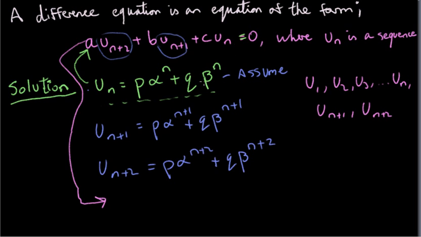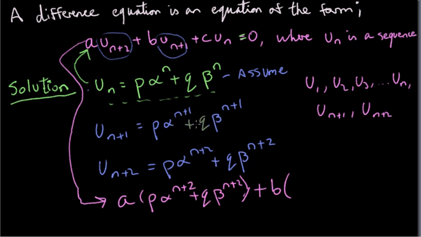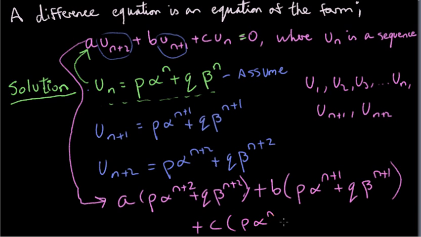So now I'm going to write this out with these replacements. We're going to have a, some number, times u_{n+2}, which is this here, plus b times u_{n+1}, which is this here, plus c times u_n, which is p alpha to the n plus q beta to the n, and I'm going to set this equal to 0.